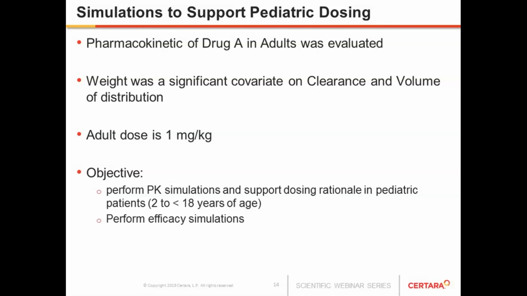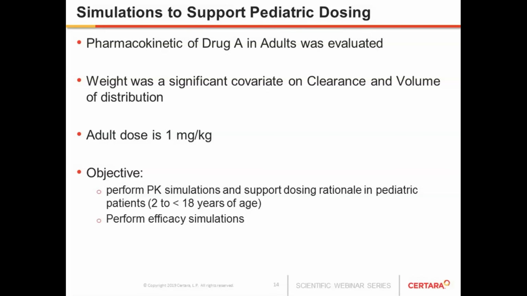Both clearance and volume of distribution were found to increase with increasing body weight according to an allometric relationship with estimated exponent values higher than 0.7. The objective of this analysis was to support dosing rationale in pediatric patients 2 to less than 18 years of age via pharmacokinetic and efficacy extrapolation from adult patients.